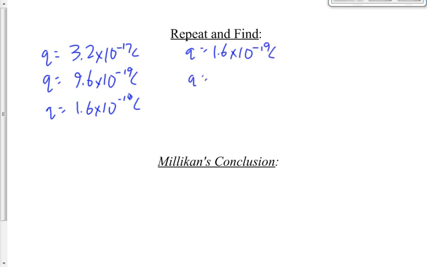Or 4.8 times 10 to the minus 17 coulombs. He repeats this maybe hundreds of times. And when he does, he finds that all 200 charges of oil drops that he found are multiples of that.